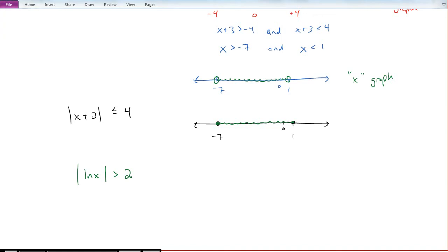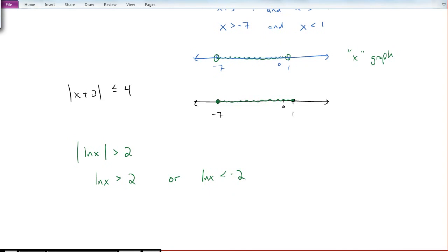You can still do the absolute value part of this problem by recognizing that the unknown quantity, ln x, has to have an absolute value greater than 2. So therefore, the unknown quantity ln x must itself be greater than 2, or ln x has to be less than -2.